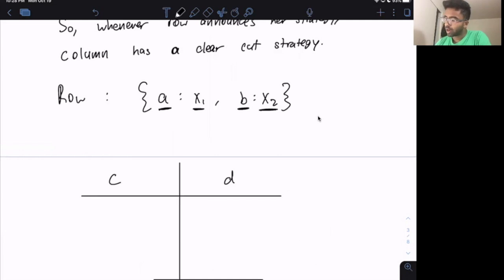Here, if column plays option C, the expected earnings is going to be 3, -2. So it's going to be 3 times x1 minus 2 times x2. This comes from the exact same math I used in these examples, right? Again, we're doing expected earnings.